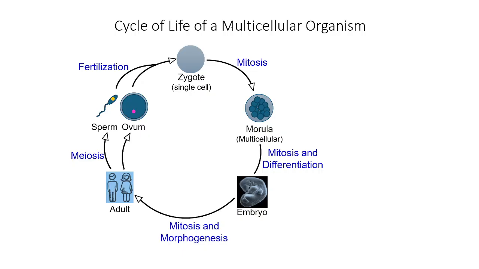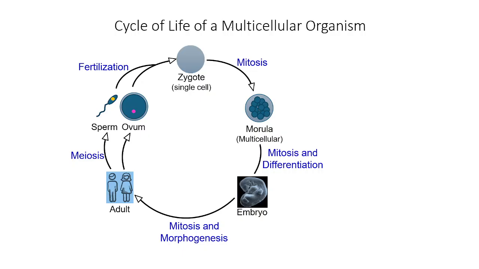When sperm and eggs fuse during fertilization, we re-establish the diploid state and form the zygote, which is a single totipotent cell.